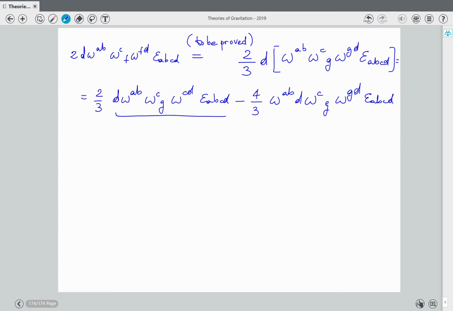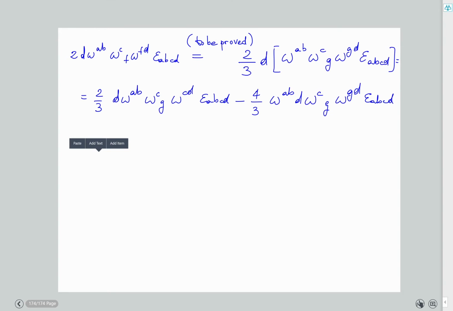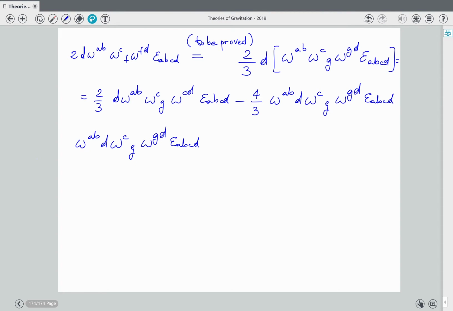So the first one is okay, is the one we have there, multiplied by 2/3, and it will be enough to prove that the second one is the same thing with minus 1/4. So again, to be proved, this thing is, well, no need to write it down.